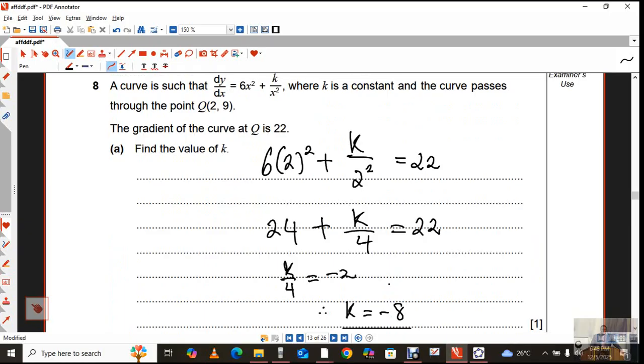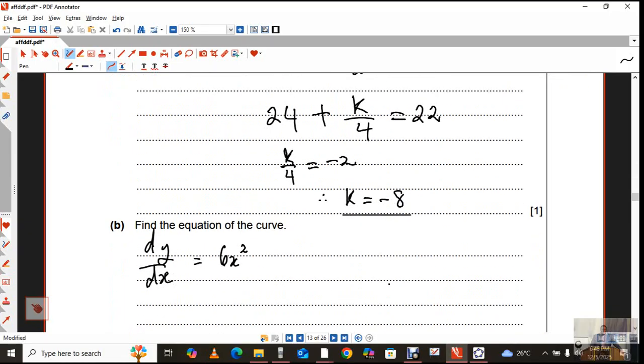So that is going to be negative 8 over x squared. So that's going to be like plus negative 8 over x squared. I'm just going to rewrite it so it looks a little bit better as 6x squared minus 8x to the negative 2. That is the derivative function.